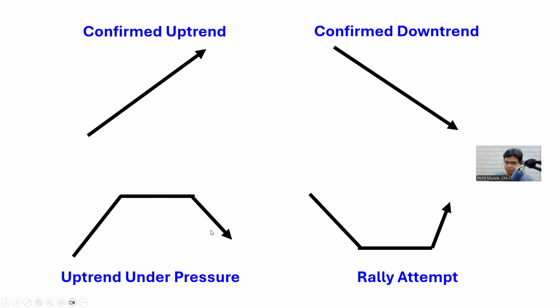Now comes uptrend under pressure. Here I say that only go for positional, don't go for swing trades. Why? Because you need to understand the difference between a swing stock and a positional stock. The difference comes in terms of fundamentals. Well, if the market overall is falling, how can you expect a fundamentally weak stock to go up?